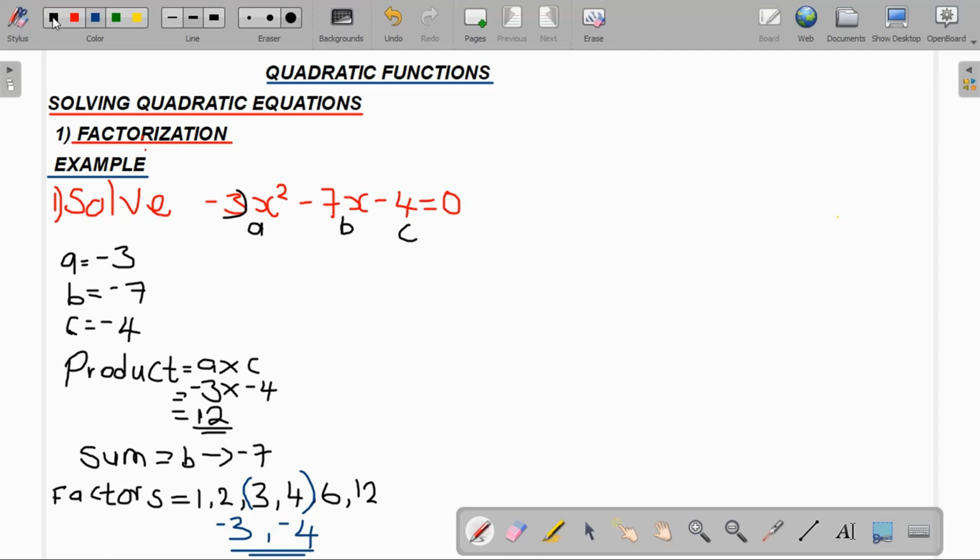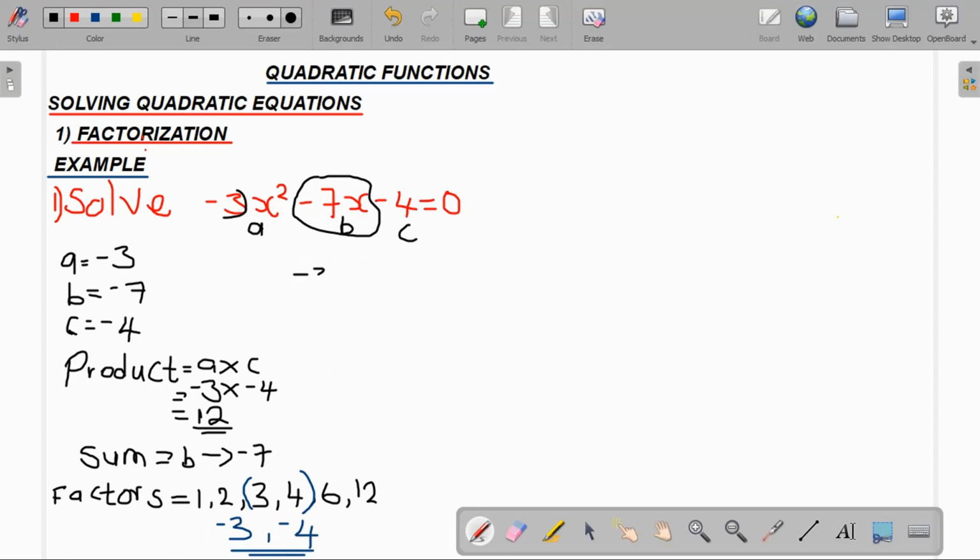After we come up with those factors, now we are going to work on this quadratic function. We have dealt with this area here. That is where we're going to replace with the factors that we have found.